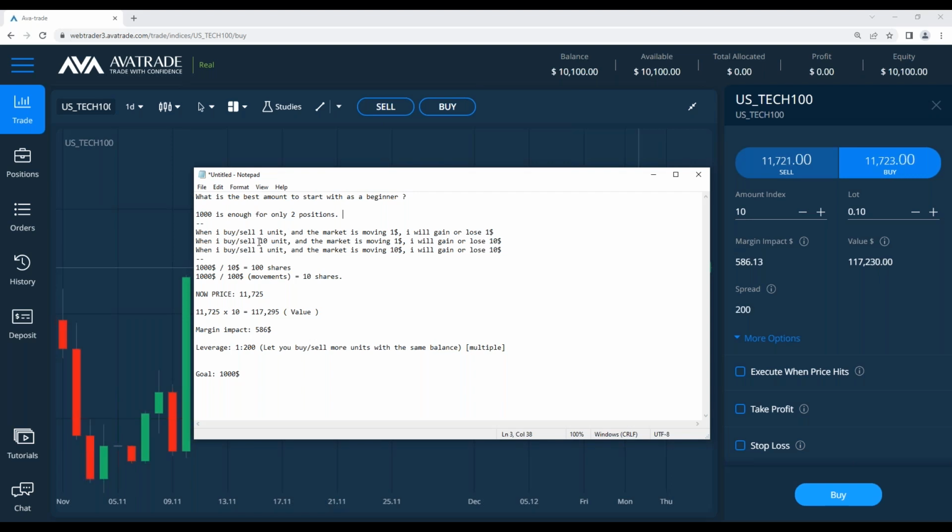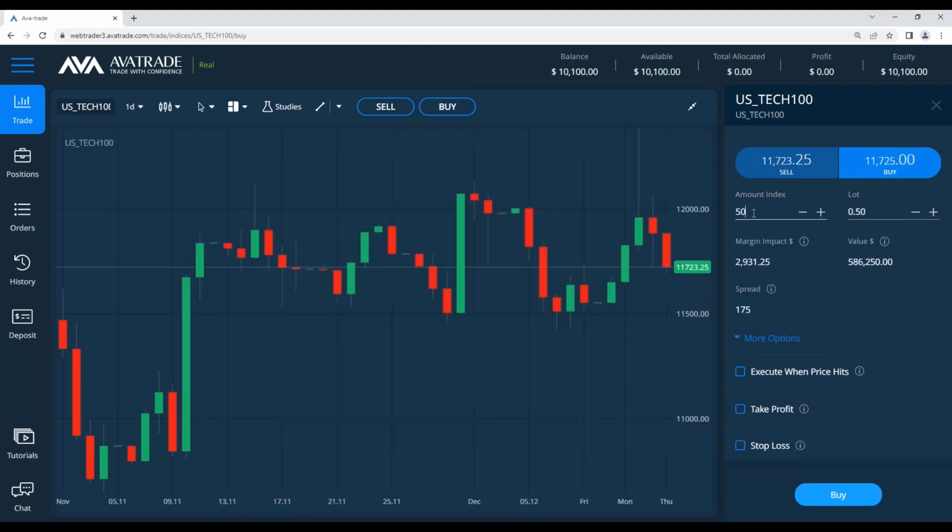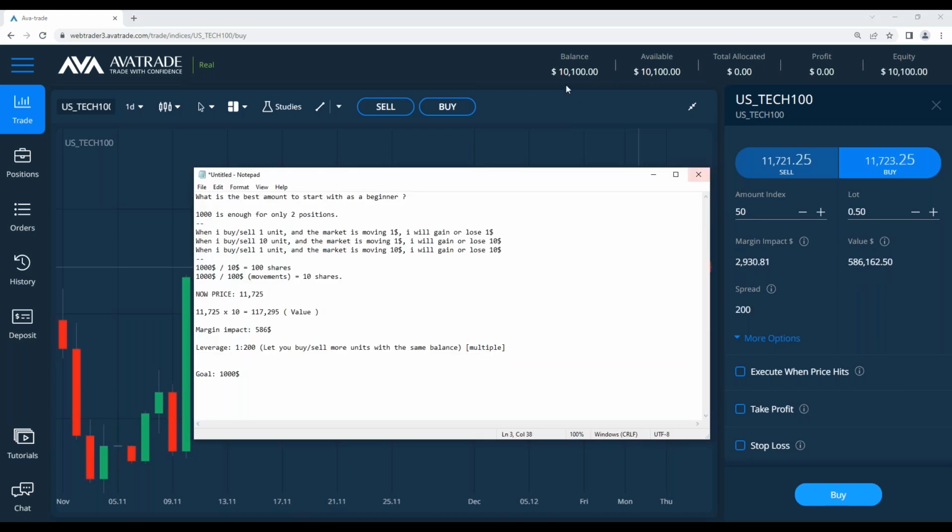So we understand from the conclusion of all of this story that I wrote here that there is no best amount for everyone. There is a best amount if you have a defined plan, and then according to the plan, you have enough money. So for instance, if I want to trade half a lot, do I have enough with 10,000?